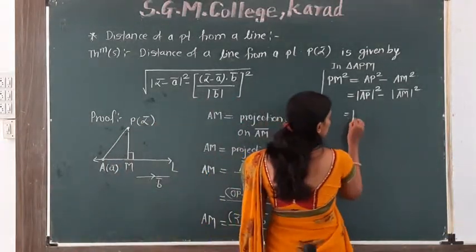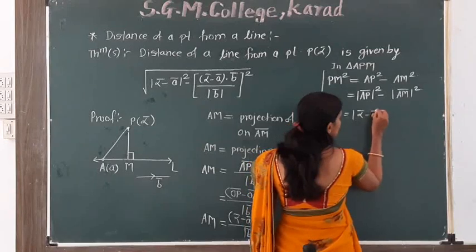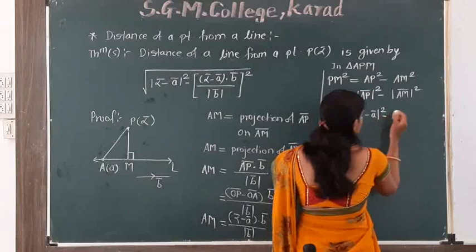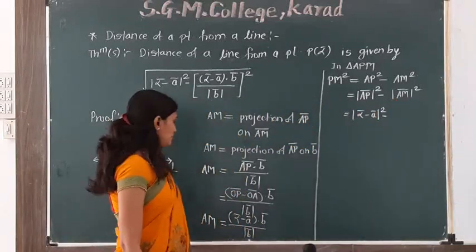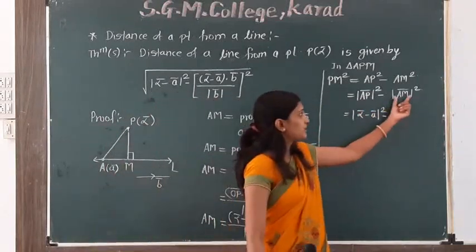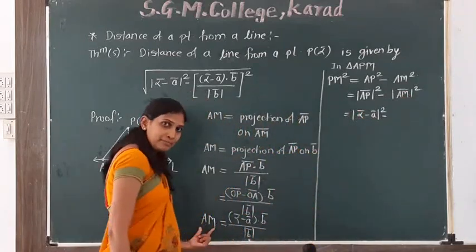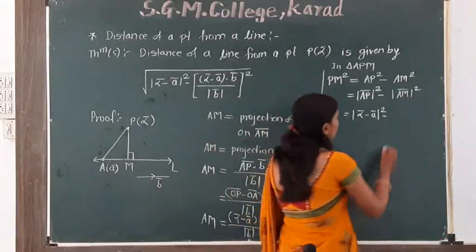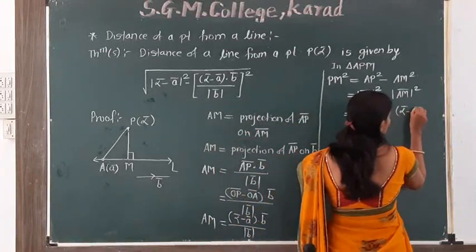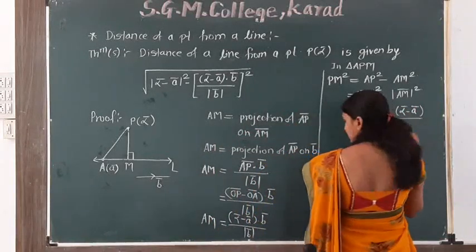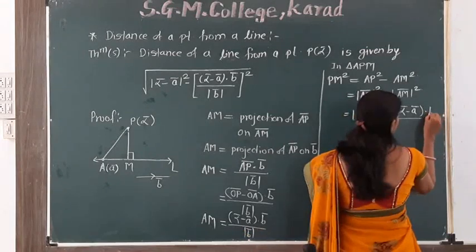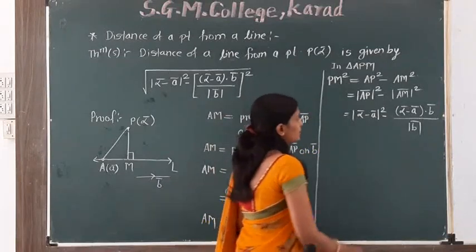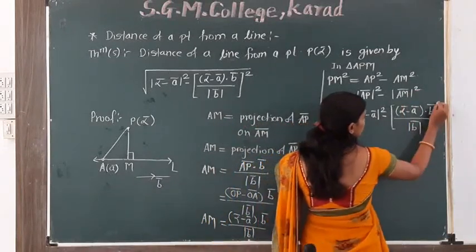So its value is mod of (alpha bar minus a bar) square minus mod of AM bar, which is AM, and its value we found here, that is ((alpha bar minus a bar) dot b bar divided by magnitude of b bar) square.